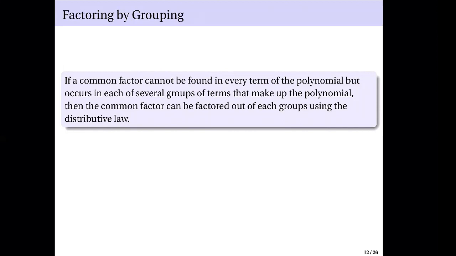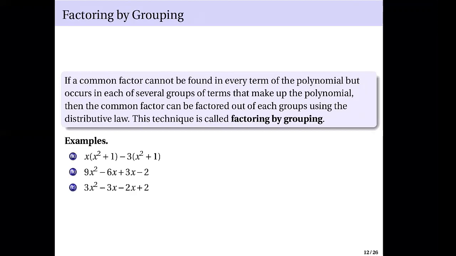Okay, we group 2 or 3 monomials, and then we check if that group is a common factor of the remaining ones. Okay, so this technique is called factoring by grouping. So for example, in here we have these 3 examples.